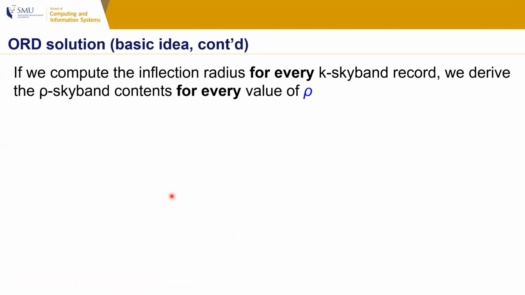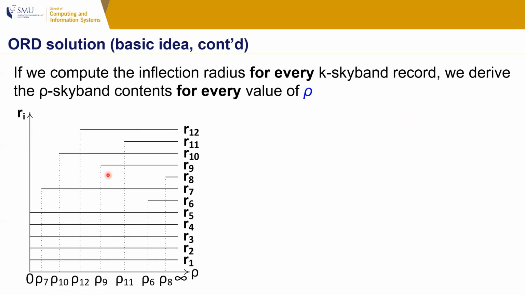The idea is that if we compute the inflection radius for every K-Skyband record, then we can have a representation of the rho-skyband contents for each and every value of rho. Observe here what's going on. Each and every one of my candidate records is mapped into an interval in which it belongs to the rho-skyband.